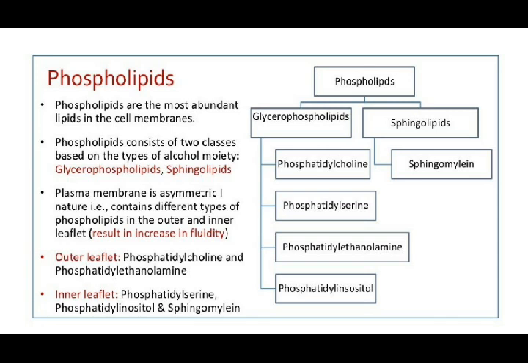The plasma membrane is asymmetric in nature and consists of different types of phospholipid in the outer and inner leaflet, resulting in increased fluidity. Outer leaflet: phosphatidylcholine and phosphatidylethanolamine. Inner leaflet: phosphatidylserine, phosphatidylinositol, sphingomyelin.